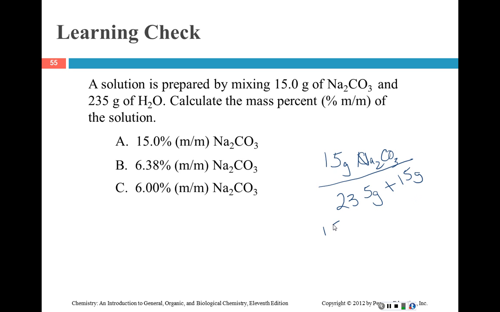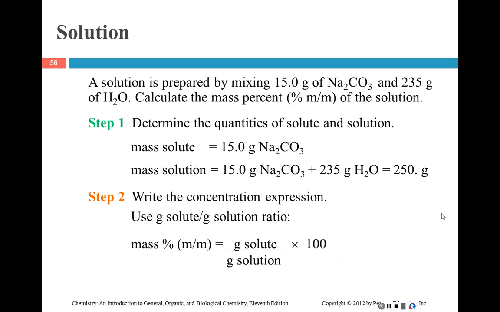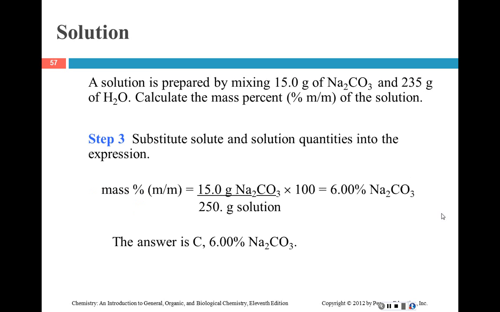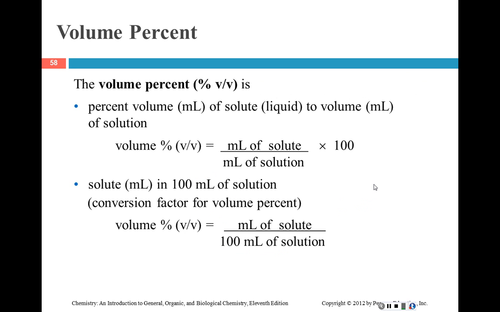So that's going to give us 15 grams divided by 250 grams, and that's going to give us what? 6%. So 6% would be our answer. 15 divided by 250. With mass percent, it's really important that you add the solute and the solvent together to get the solution.